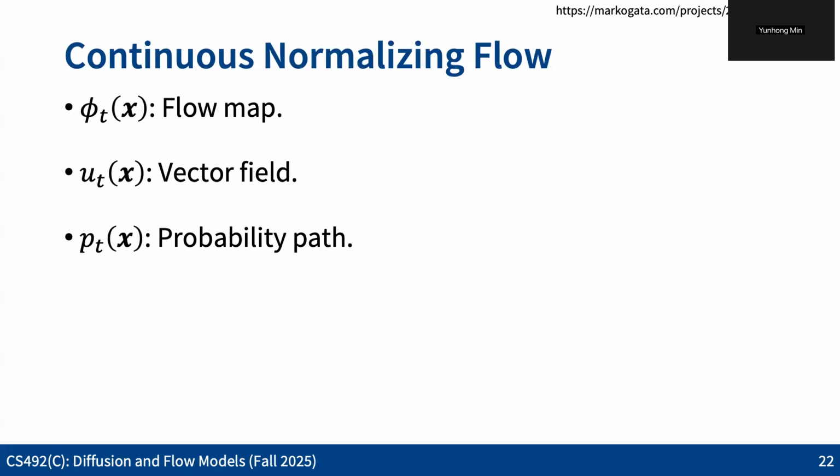Based on that, we can formulate the forward and reverse processes. Then we can compute the ODE formulation using the PF-ODE, which means we compute the vector field from the probability path that we define. In flow matching, we're going to go the reverse way. We first define the vector field and the flow map, and based on that, we'll see how the probability path is also defined. So there are some connections in that way.